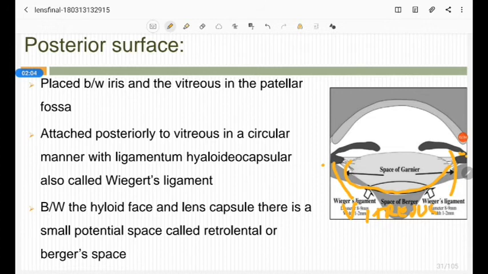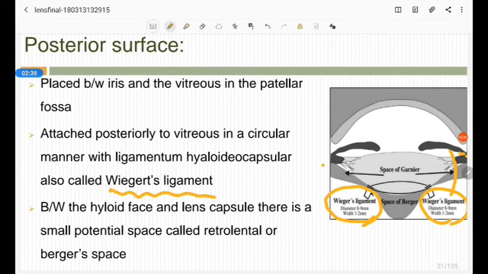And this lens is attached posteriorly to the vitreous in a circular manner through the Wieger's ligament. There is a strong association between the posterior capsule and the vitreous here. This is called as a Wieger's ligament.